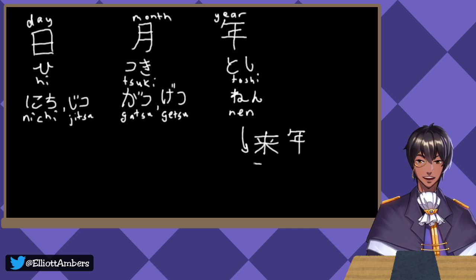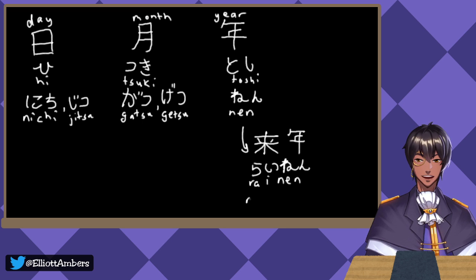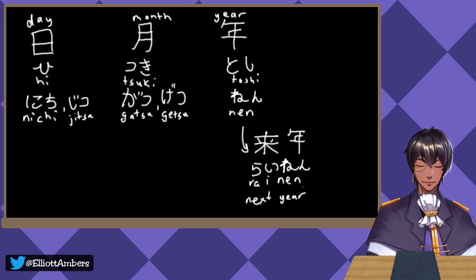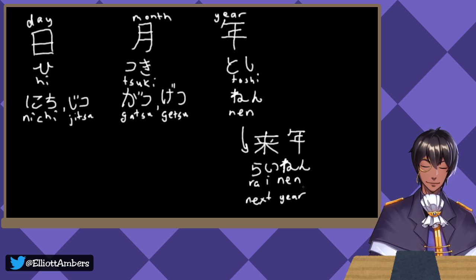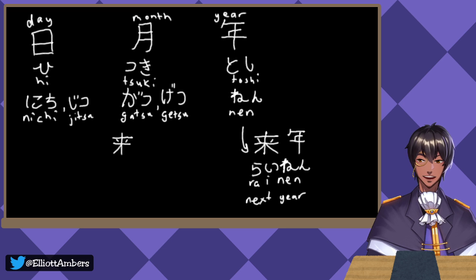This is rainen. And this means next year. If I were to write out the same kanji, you could probably interpret what this means or have an idea of what this represents just by seeing these vocab words here.